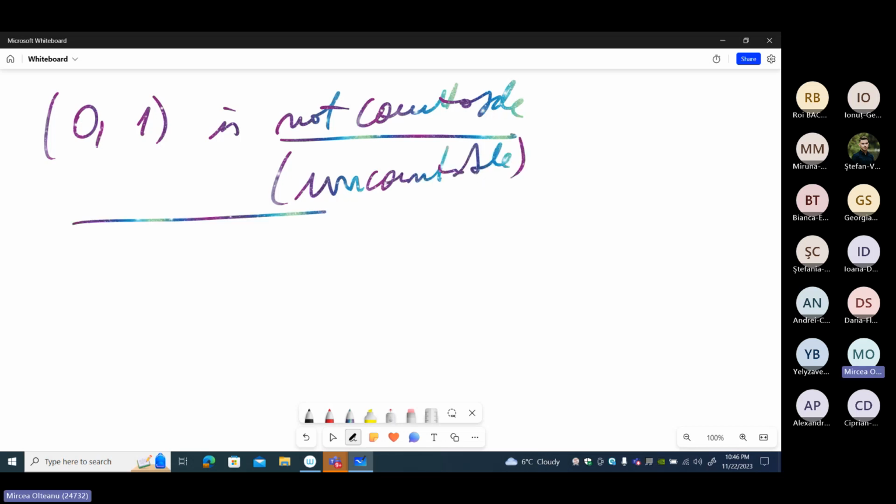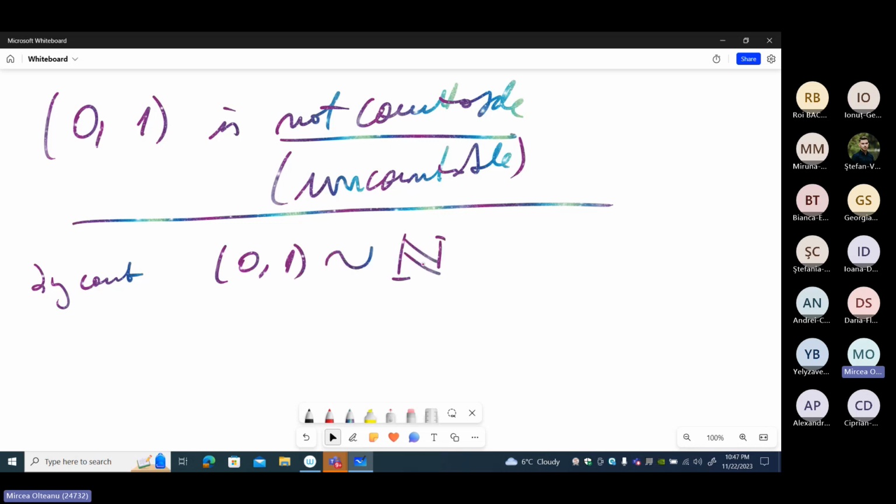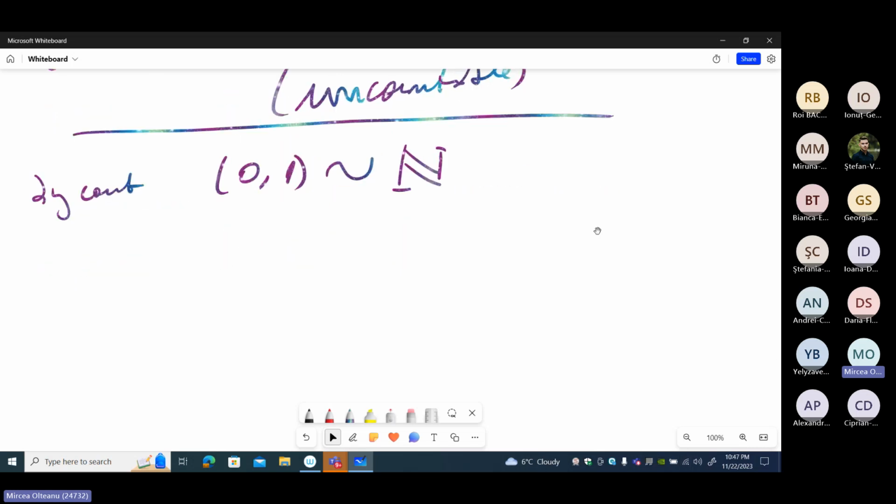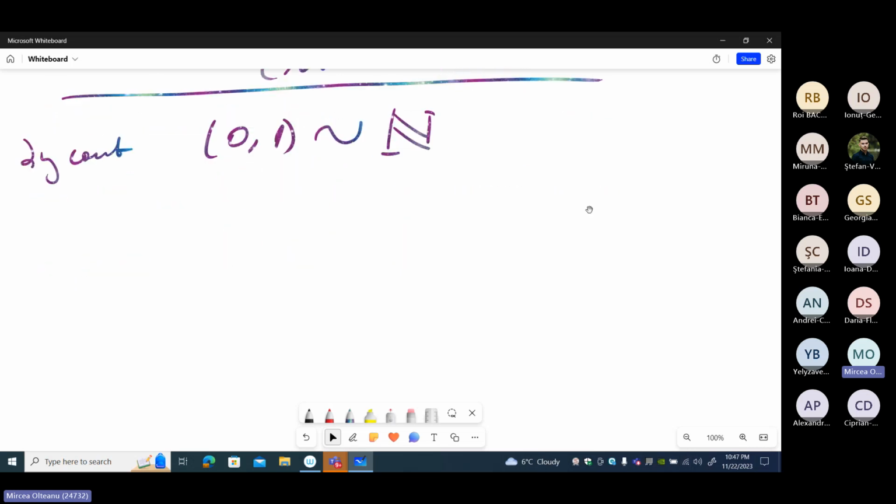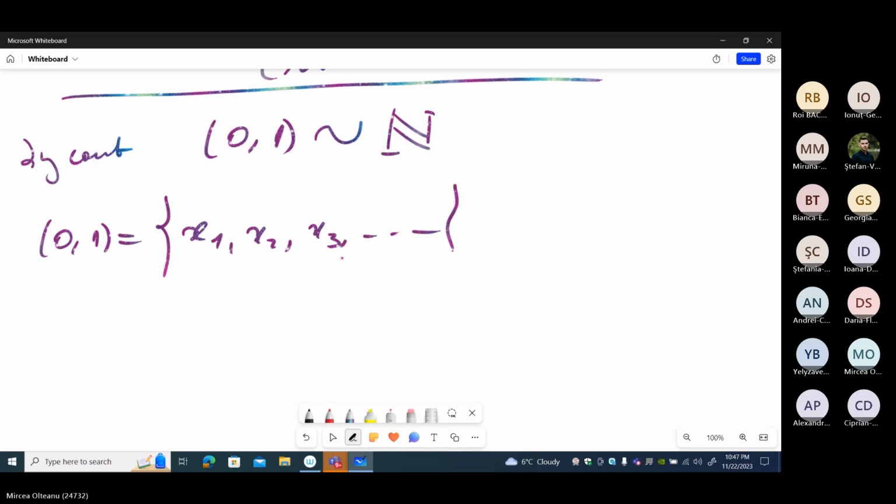The argument I gave you is the following. Again, by contradiction. Suppose that 0, 1 is equipotent with the set of natural numbers. That means its elements can be written as a sequence. So 0, 1 can be written as X1, X2, X3, and so on.